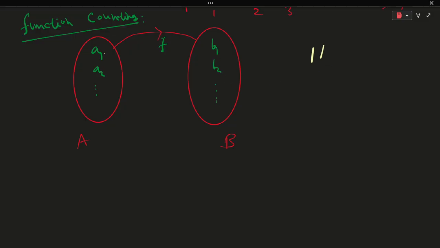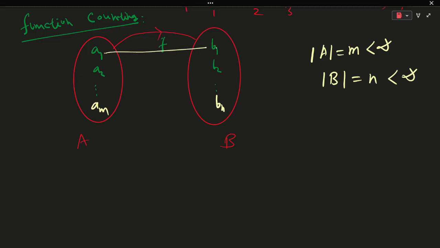If you take a finite set A with m elements, and this is also a finite set B with n elements, then a1 has n types of choice, right? a1 can map to b1 or c1. So one unique type of map.